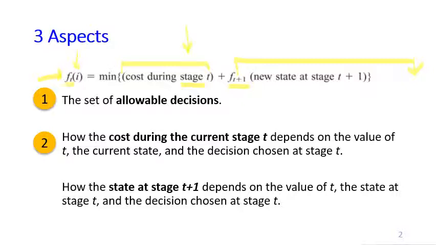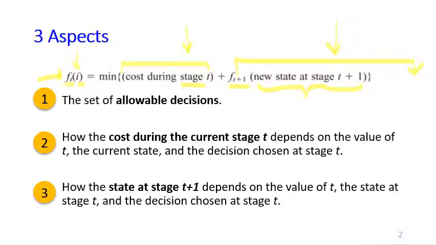Okay. And then the second one, aspect 2, is how the cost during the current stage depends maybe on the value of t, the stage, the current state i, and the decision chosen at the stage t. And then the third aspect is how the state at the stage t plus 1, this new state, depends maybe on the value of t, the state at stage t, and the decision.